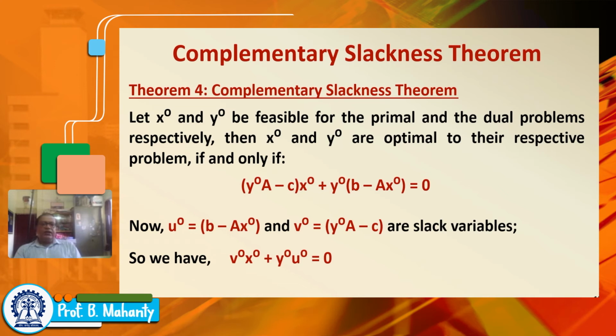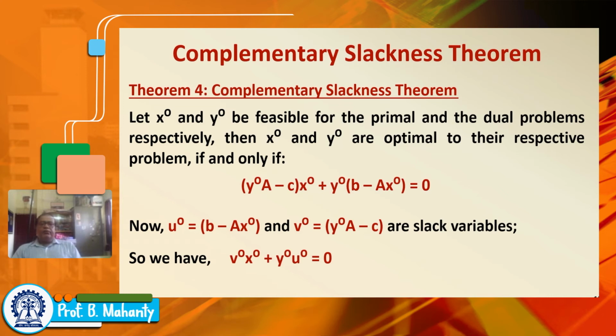The vector equation essentially says that x0 and y0 will be optimal only when this particular equation is satisfied. What is that equation? It is v0 x0, that is the dual slack multiplied by the primal variable, and the primal slack multiplied by the dual variable, together they should be equal to 0. But since it's a vector equation, let us look at the individual scalar components.